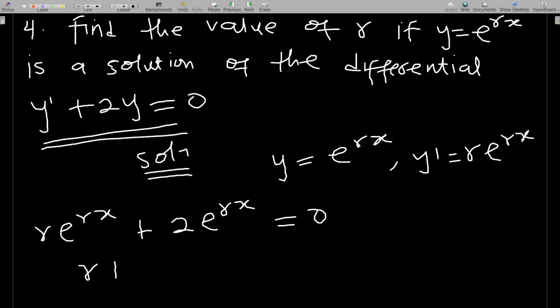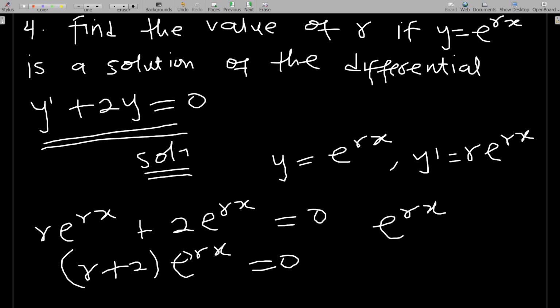So I have r plus 2, then I factor e to the rx out, and this should be 0. But I have the product of two functions equals 0, so r plus 2 should actually be equal to 0.